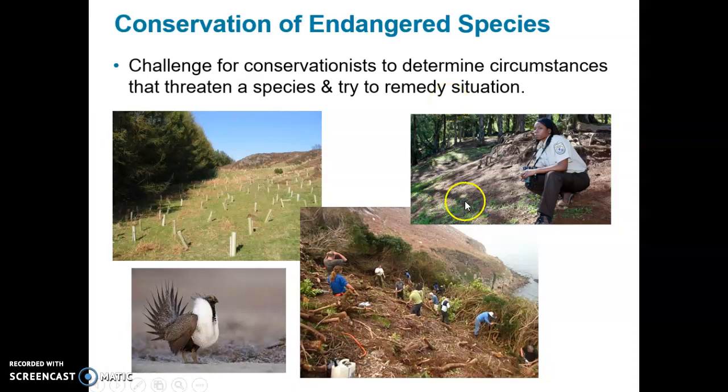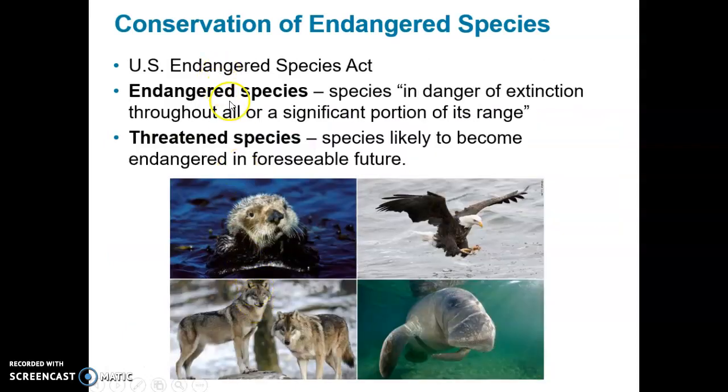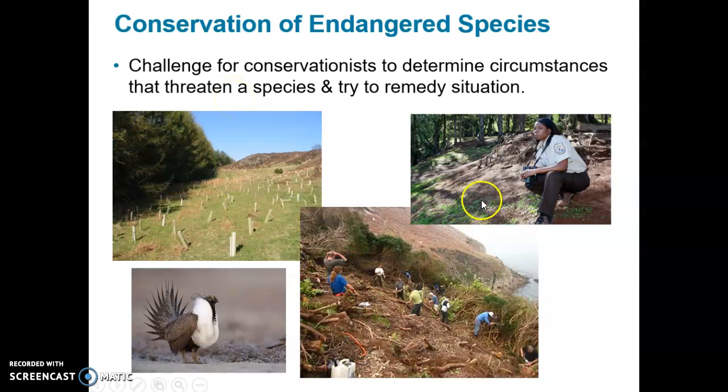Usually we find out what damage has been done after the fact, because some populations of organisms have gotten to the threatened or endangered levels.